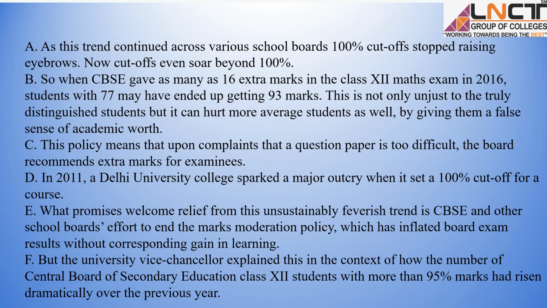So what's happening in this sentence is that the vice chancellor is explaining the decision made by that Delhi University College. Although it did not go down well with people, the vice chancellor explained why it was taken. Okay, so now the decision has been made and it has been explained.